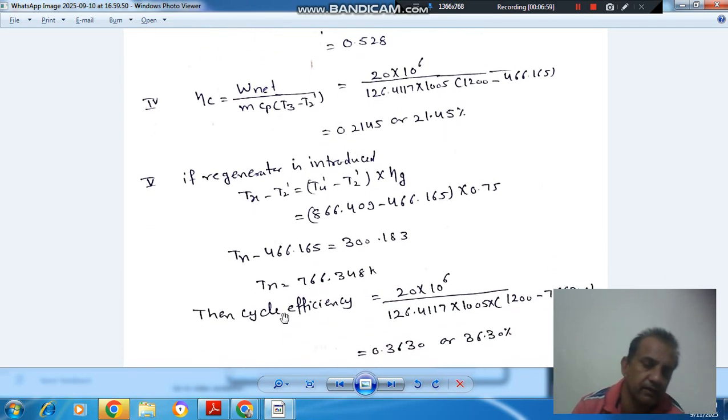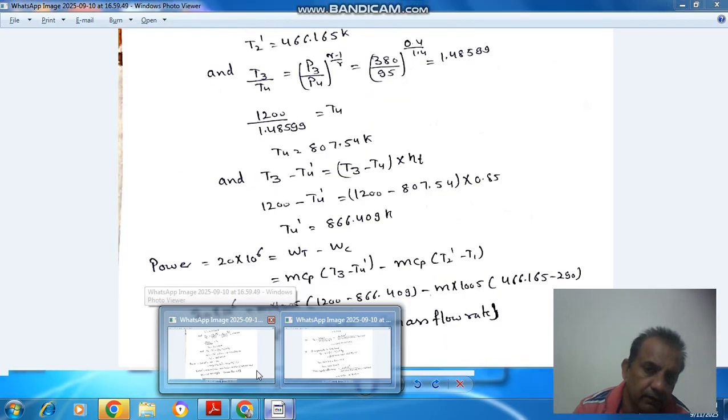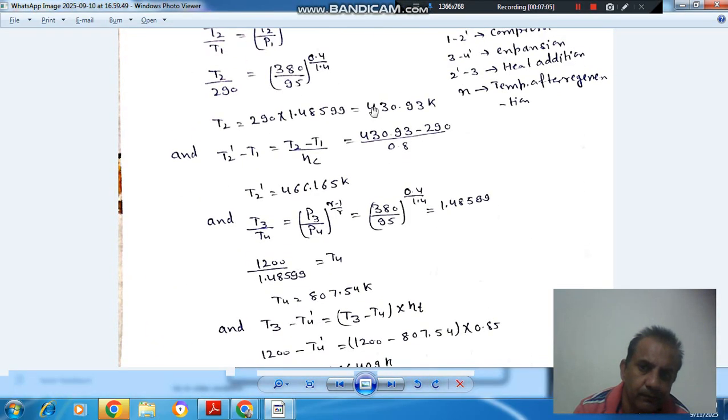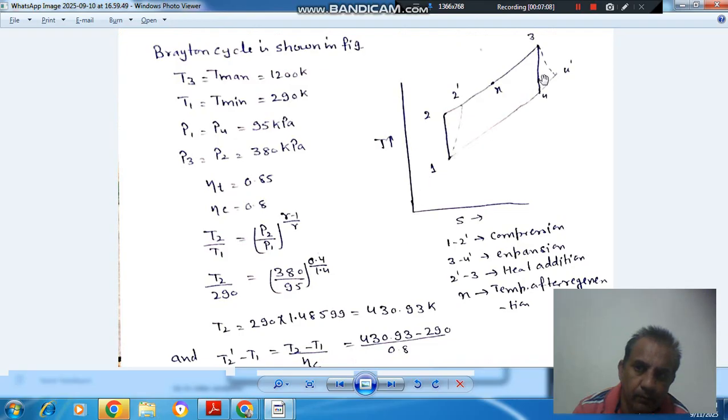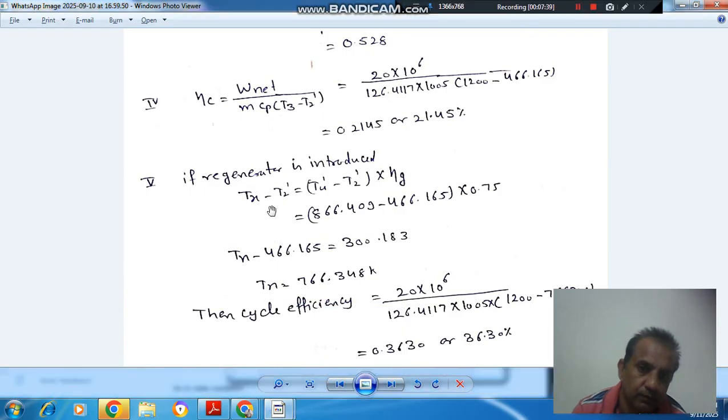Now if a regenerator is introduced, then if the regenerator is ideal, this temperature should rise up to T4. But as regenerator efficiency is given, it will not rise up to T4. Ideally the T2 dash temperature should rise up to T4, but as regenerator efficiency is known, it will rise up to Tx.